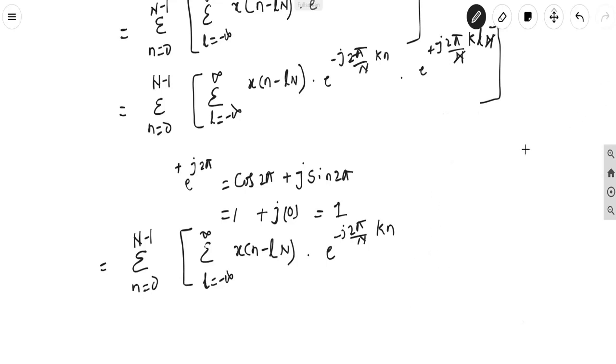As both are integers, any value of kl is going to give me 1 only, so this whole term I'm going to replace with 1.